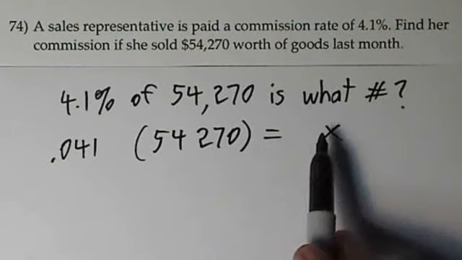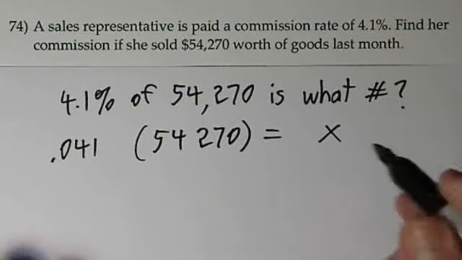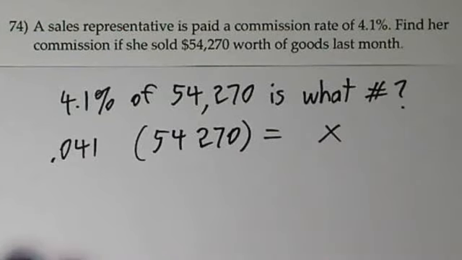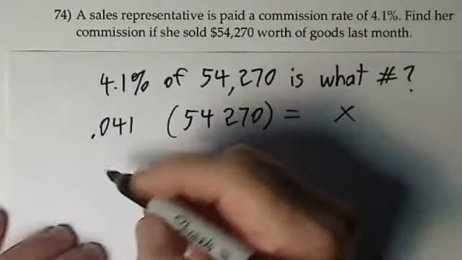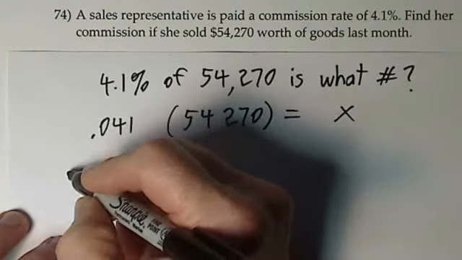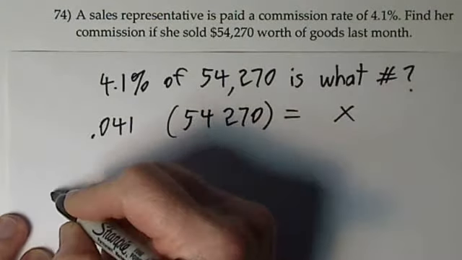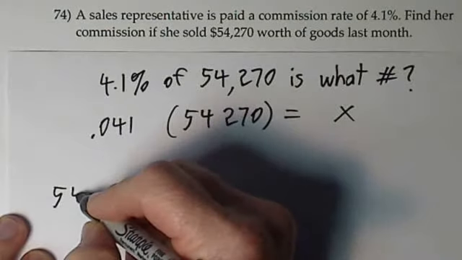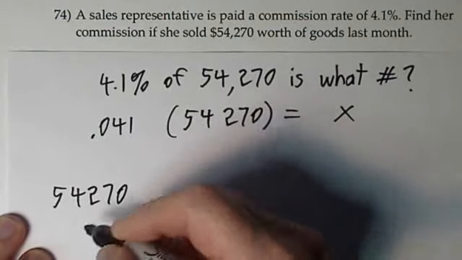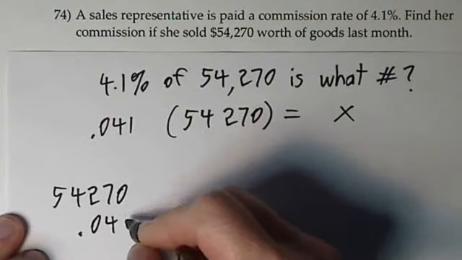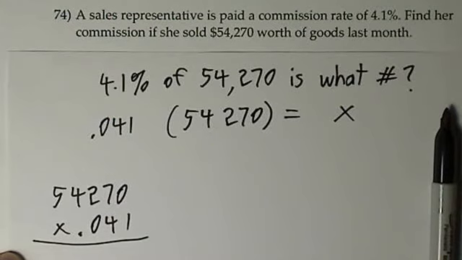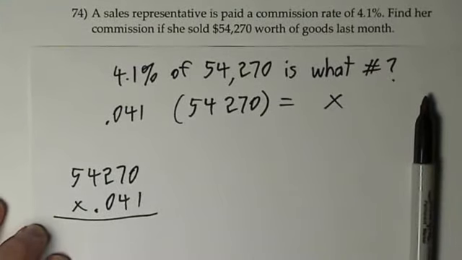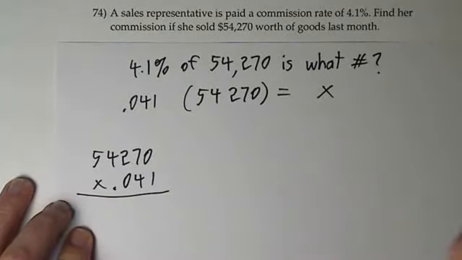So here all I'm going to have to do is multiply. x is already all by itself. So I'll do my calculation over here. I've got 54,270 times 0.041.